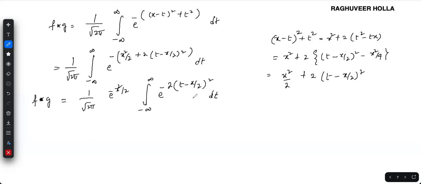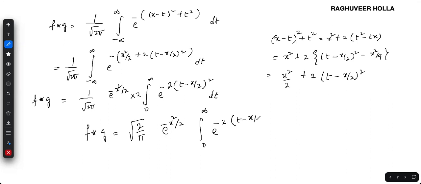Further, I can take the limits as 0 to infinity and multiply it by 2. And further, I can simplify: f into g is root 2 by pi e to the power of minus x square by 2, integral from 0 to infinity of e to the power of minus 2 into (t minus x by 2) whole square into dt.